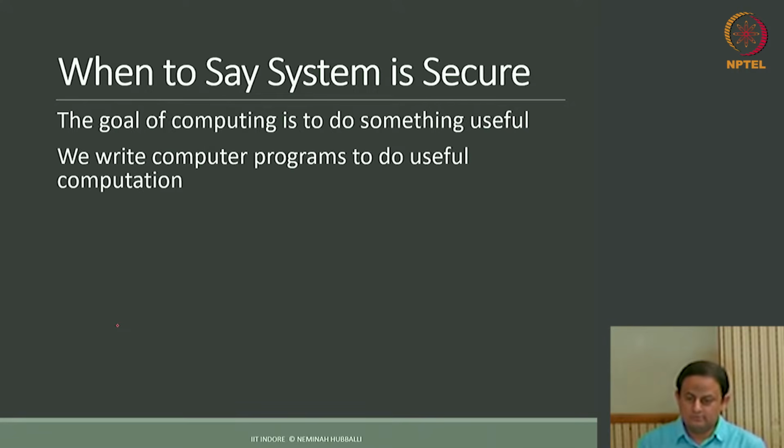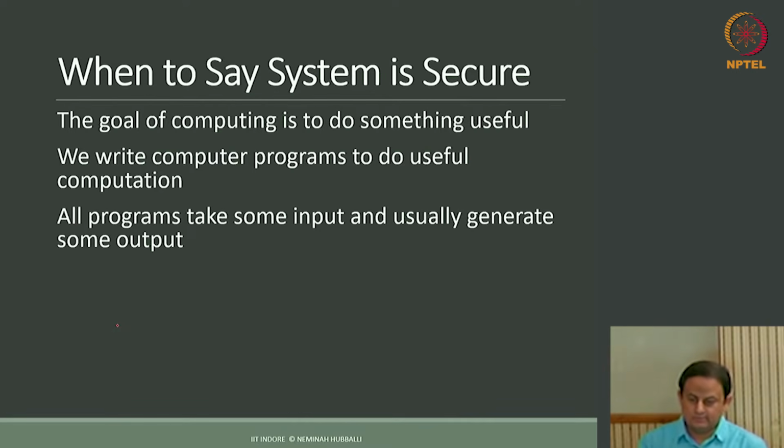So we write different applications and programs to do such computations. All these programs take some form of input and usually generate some output. Any application that you can think of follows that generic framework.